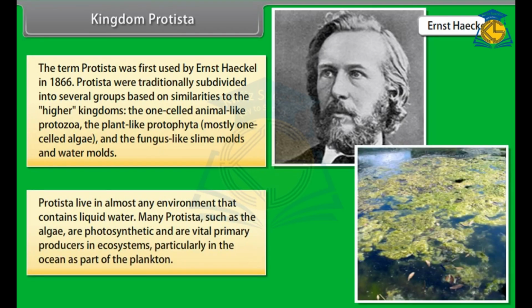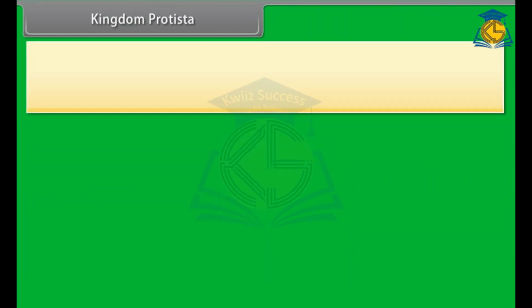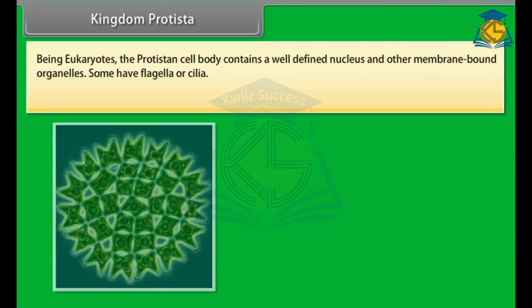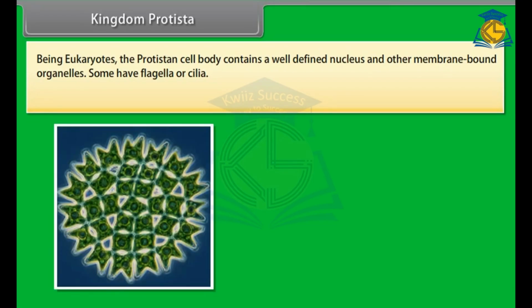Protista live in almost any environment that contains liquid water. Many Protista, such as the algae, are photosynthetic and are vital primary producers in ecosystems, particularly in the ocean as part of the plankton. Being eukaryotes, the protist cell body contains a well-defined nucleus and other membrane-bound organelles.